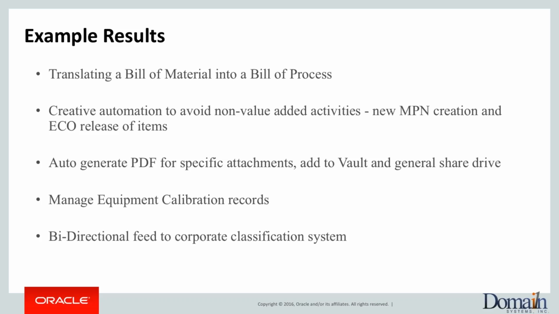Having that integrated with a corporate classification solution that is much broader than just Agile, having that bidirectional feed to where you create the part in Agile, it goes out, gets classified, and then gets sucked back into Agile so that then the access can be appropriately managed by your suppliers and other individuals that are consuming the content.